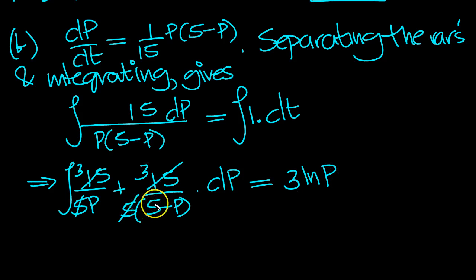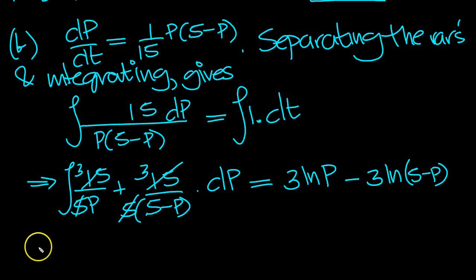This is 3 ln of 5 minus p. It's a function of a function, 1 over something multiplied by the something differentiated. A minus comes out, so we're going to need a minus here, because it's just a minus that comes out to make it a plus, which is what we want, and we need 3 lots of.